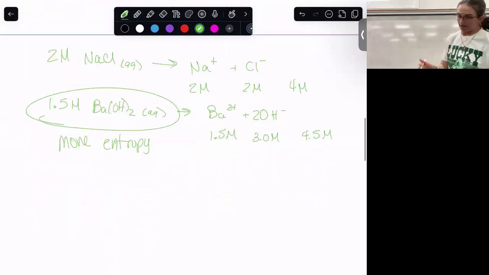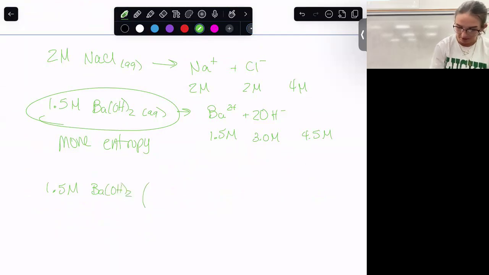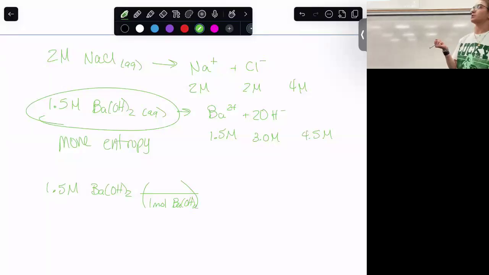So if we said I have 1.5 molar barium hydroxide, right, for every 1 mole of barium hydroxide, how many moles of OH minus do I have? You have 2, right? Because we have 1, 1, 2.